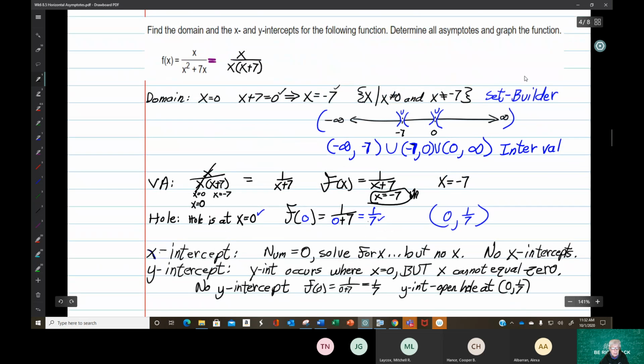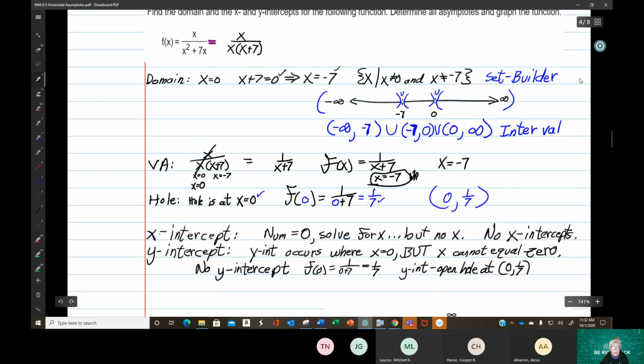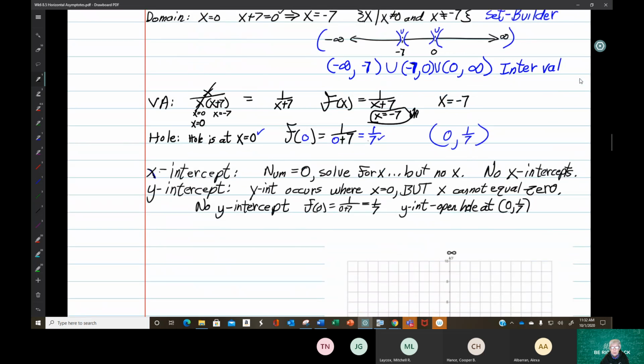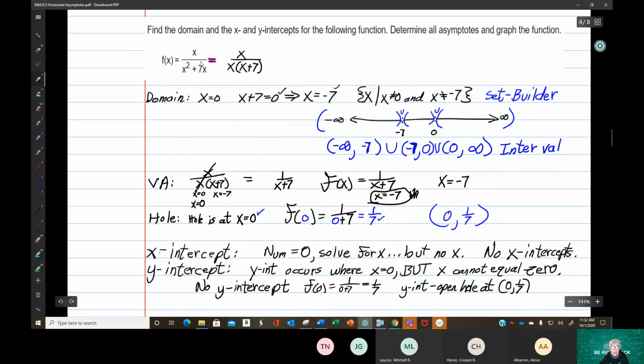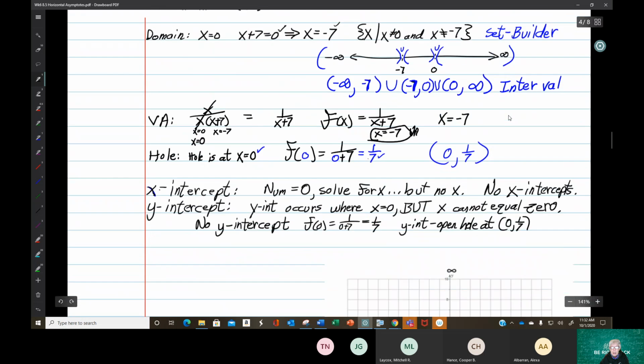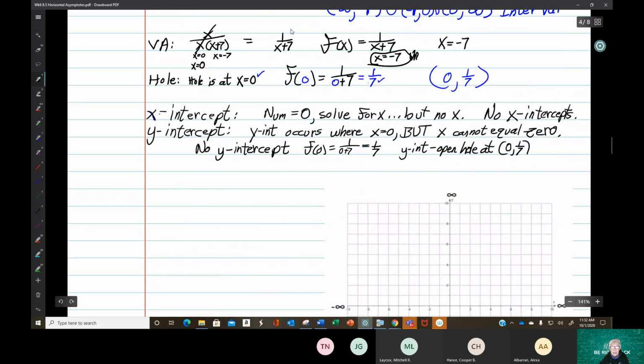Now what? Horizontal asymptote. We're going to have the same situation we had before. Whether you use this or this, the degree of the bottom is higher than the degree of the top. The degree of the top is 0. The degree of the bottom is 1.